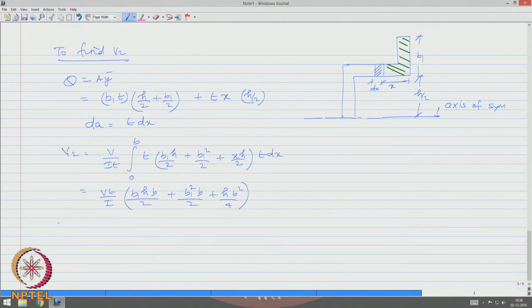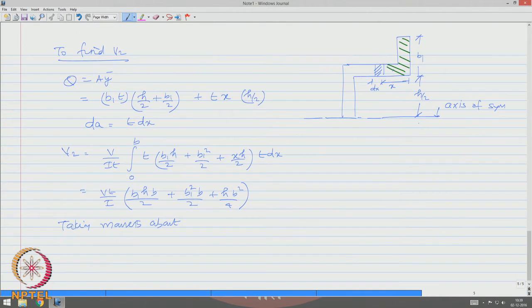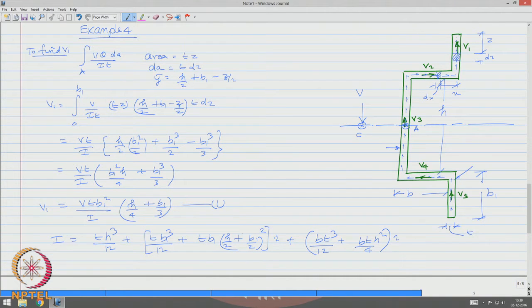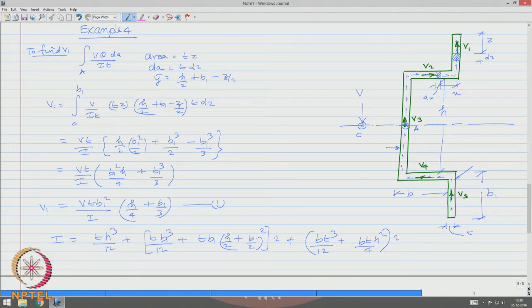Once I know I, now taking moments about point A, we can say V 2 plus V 4 into h by 2, because they will cause a clockwise moment about this point.